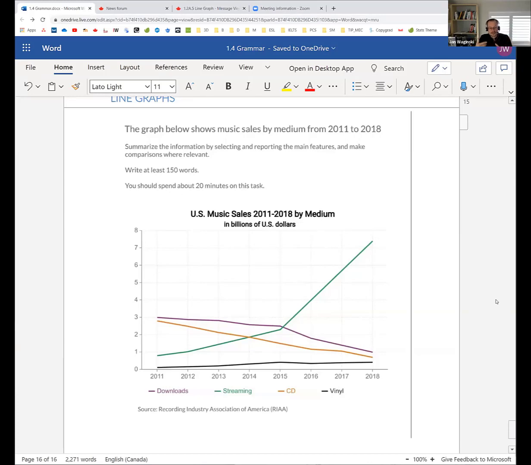So water is a medium in which fish live. Media is the plural of medium, and media refers to newspapers, radio, TV, internet, CDs, vinyl discs, streaming, downloads. These are all different media. Does that make sense? Medium, this word is kind of falling out of fashion in terms of usage, but medium is the singular of media.